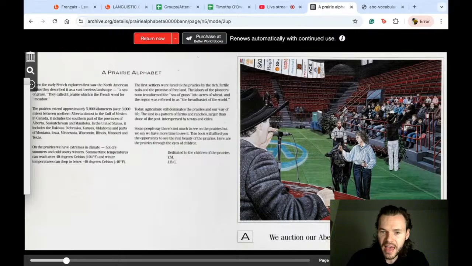And Angus, right? Angus is another word for this animal right here. What animal is this? Yes, very good. This is a cow. A cow.